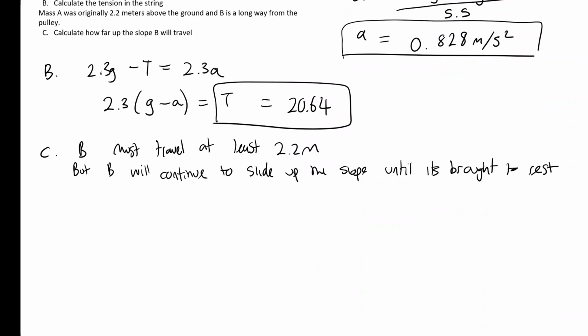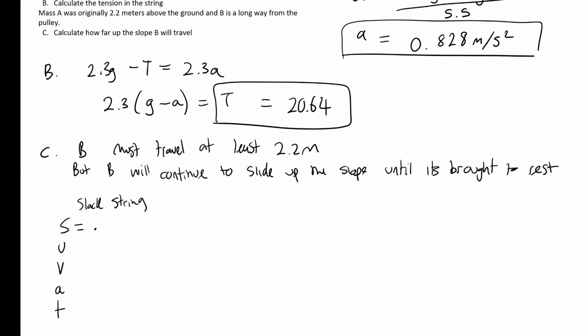So this is a question about distances travelled, so we should set up a suvat. We'll set this suvat up for the case when the string has gone slack, so when A's already hit the ground and B's picked up some speed. So, slack string.